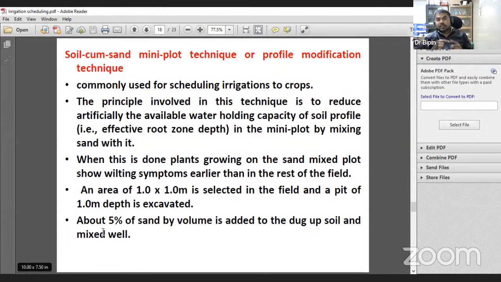That site will act as an indicator, and then you can decide when to irrigate.